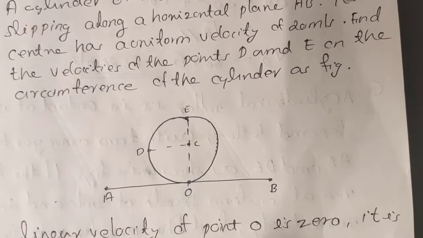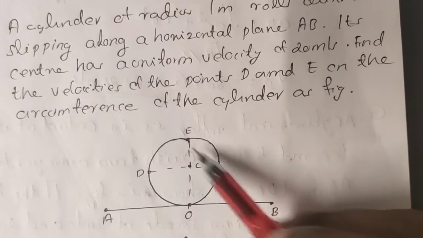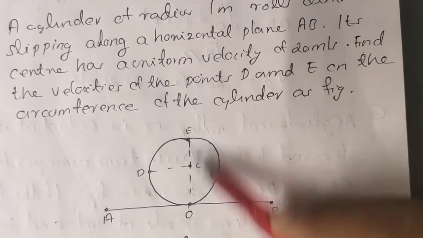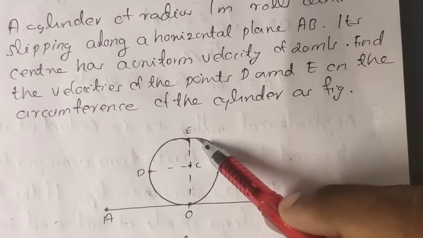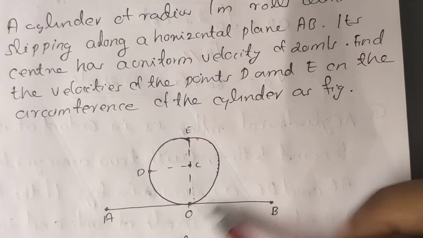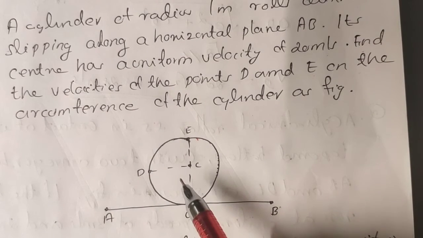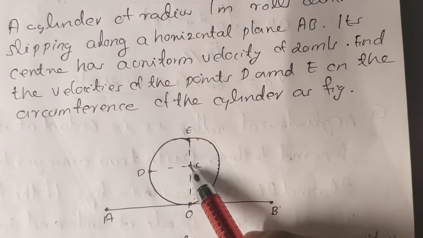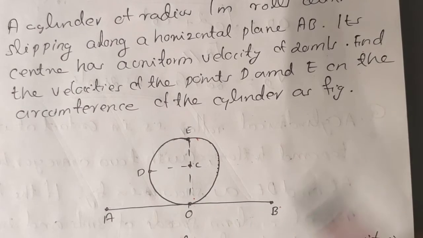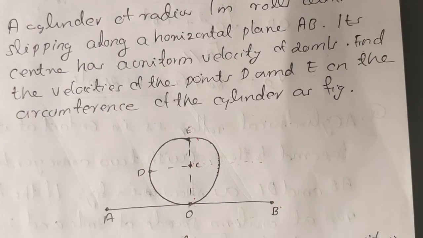This is the figure. The cylinder has a radius of 1 meter, so its diameter is 2 meters. It is without slipping, it's not slipping. It is rolling along a horizontal plane, that is AB. Its center C has a uniform velocity of 20 meters per second.